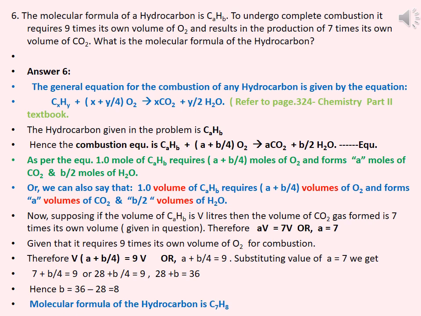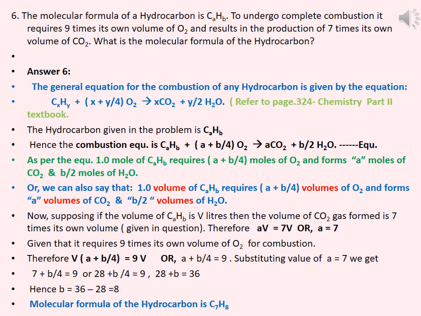Now, it is given in the problem that the hydrocarbon requires 9 times its own volume of oxygen. According to the stoichiometric equation, what is the volume of oxygen? (a plus b/4) into V. That is equal to 9V. Cancelling V on both sides, simplifying, we get a plus b/4 is equal to 9.